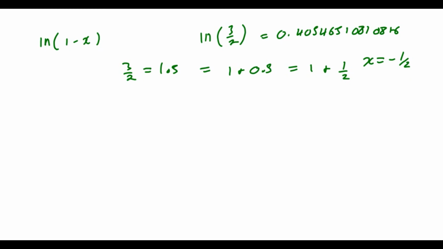So it simply means I'm going to use the series, not x, but 1 plus 1 over 2, which is this one here. I'm just manipulating so that I have a 1 here, then whatever I have here is the x, and in this case my x is negative 1 over 2, which I've indicated.